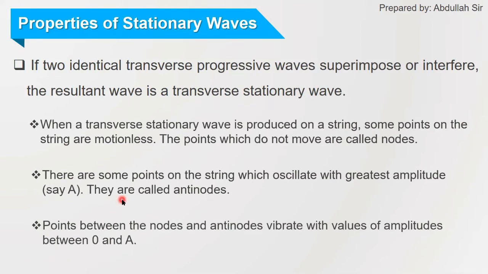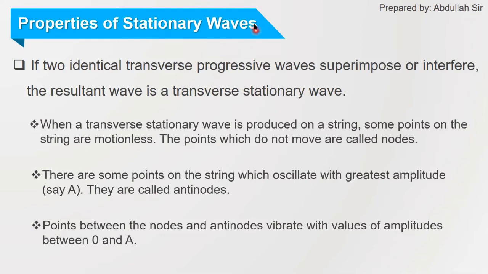The points between the node and antinode vibrate with amplitudes between 0 and A. Nodes vibrate with amplitude 0. Antinodes vibrate with amplitude equal to A. And the points between node and antinode will vibrate with amplitudes between 0 and A.